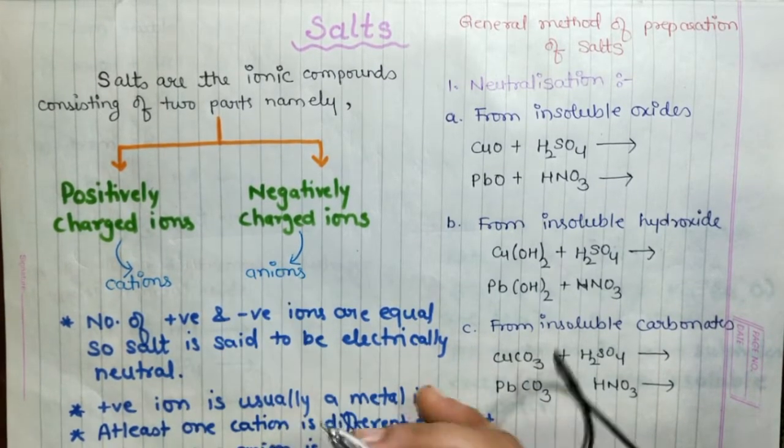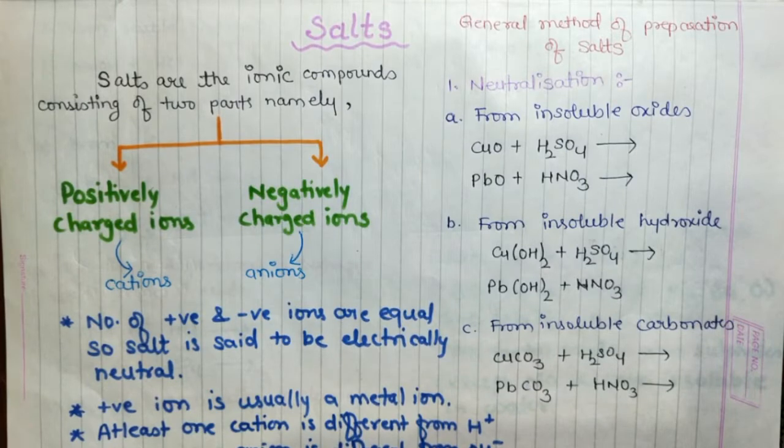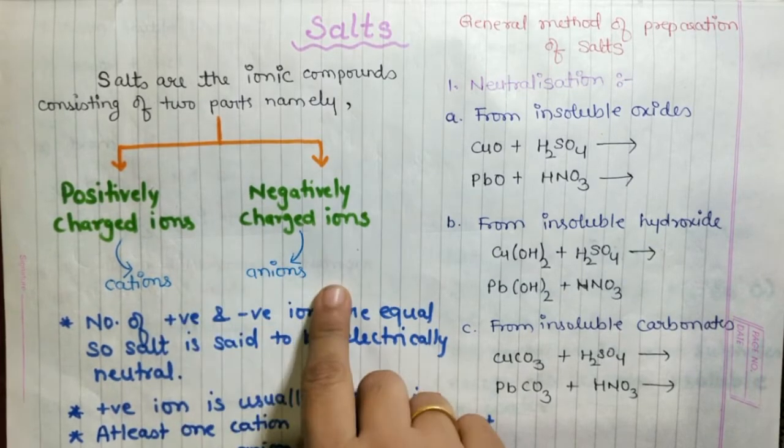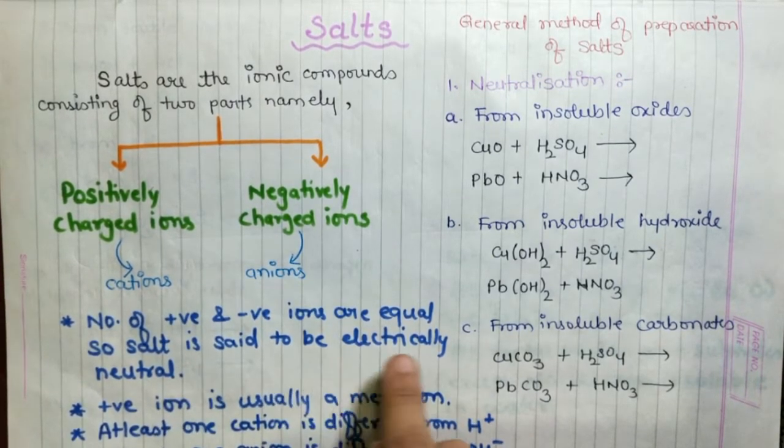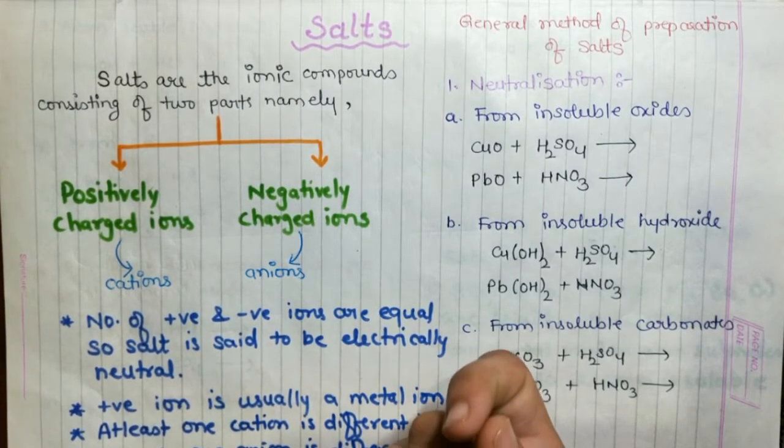Some important points: the number of positive as well as negative ions is always equal whenever salts are forming. That means a salt is an electrically neutral compound.